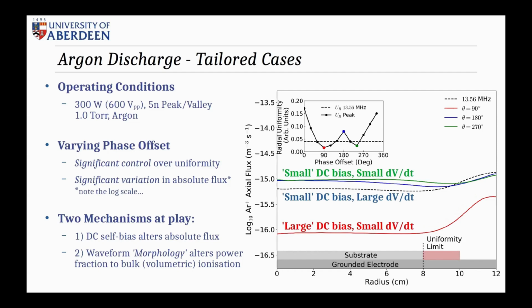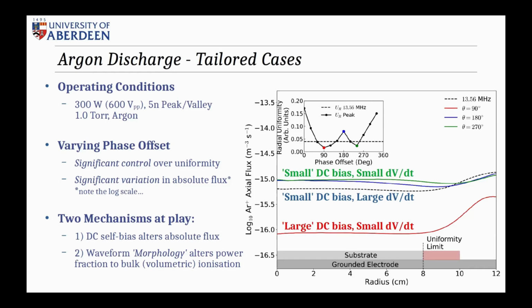Whereas the green one, the morphology of the waveform is roughly the same, so you get the same control and uniformity, but it's introducing a more positive DC self-bias, or a small DC self-bias, and so you end up getting the similar uniformity but a total change in flux. So here, not only can you control the uniformity, but you can also choose, in this particular case, if you want a high flux uniform plasma or a low flux uniform plasma. So it gives you an extra control knob on top of the uniformity.